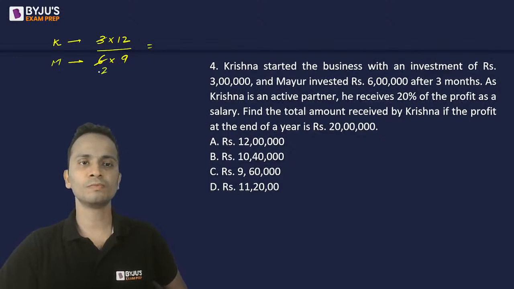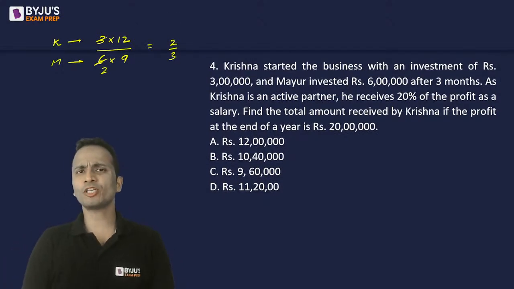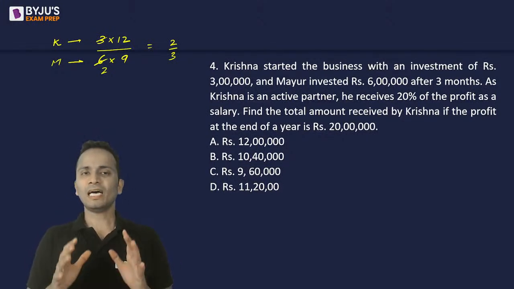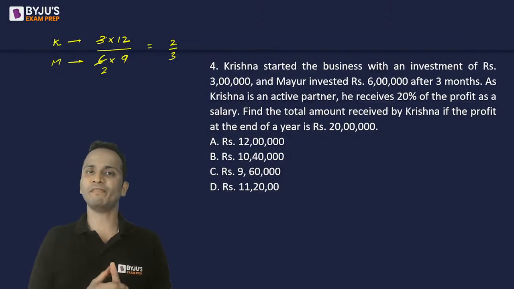So the ratio comes out to be 2 upon 3. Now, this is the ratio of the product of their investment and the time period. This is the ratio in which the total profit must be divided.